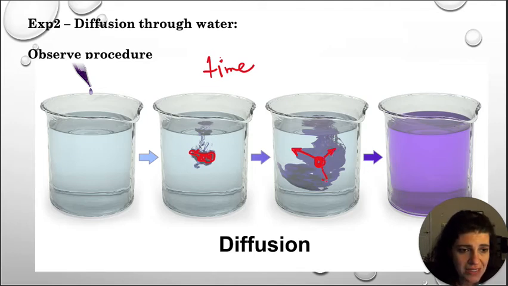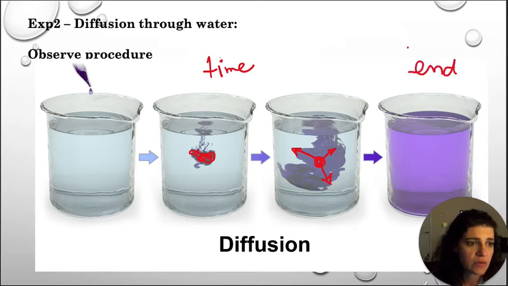So what is the tendency and what's going to happen in the end? So this is the end of the experiment. The dye is going to be dissolved everywhere. You're like, okay, we saw this before. This is just to remind you how diffusion happens, okay?